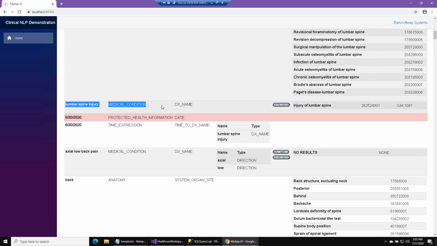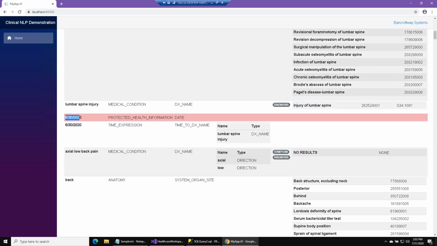There was a lumbar spine injury, and notice that we are not flagging it as a symptom. It's actually a diagnosis, so the clinician has agreed that we have an injury of the lumbar spine.